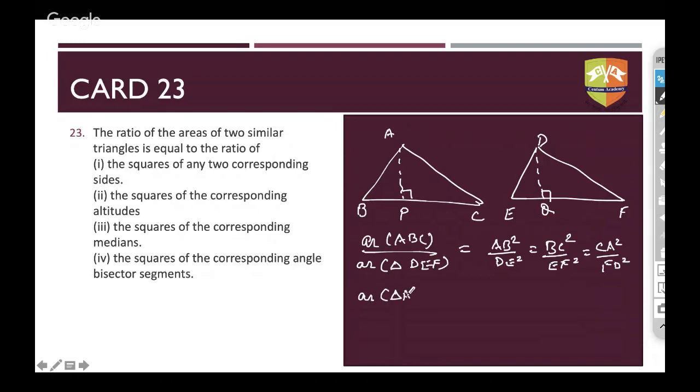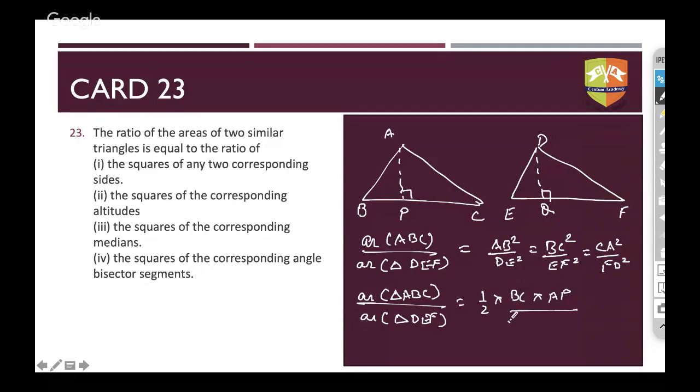Triangle ABC, quickly I'll recap it. Triangle ABC divided by triangle DEF is half into BC into AP upon half into base into height, that is EF into DQ.